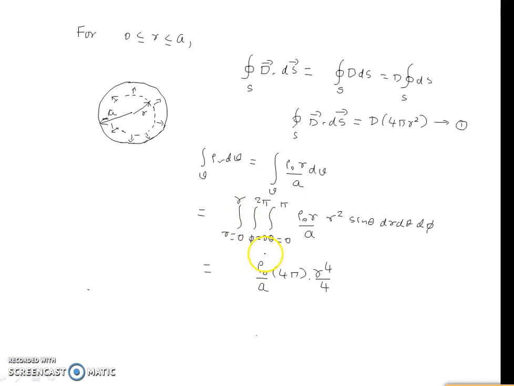So here the volume integral of charge density throughout the volume enclosed by this Gaussian surface is given by rho naught by a into 4 pi into r to the power of 4 by 4. This is 2. So from Gauss law 1 and 2 are equal.